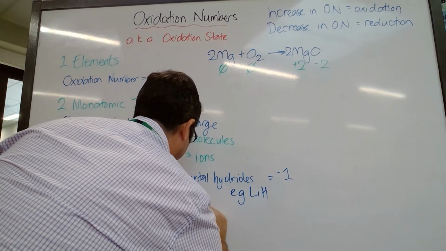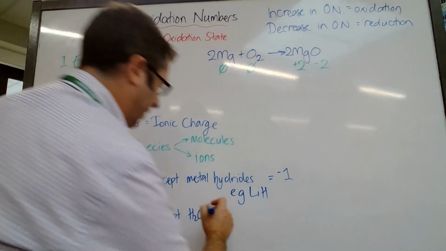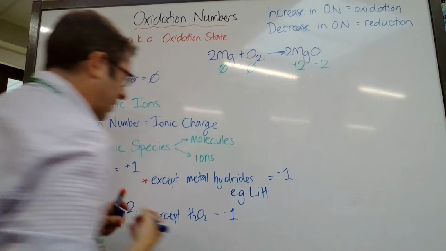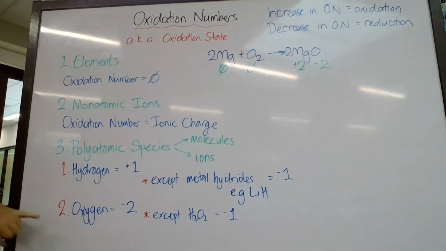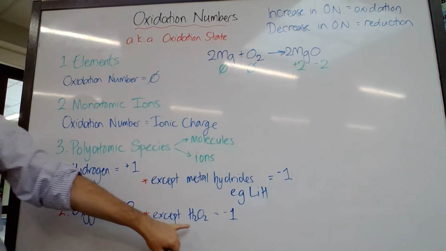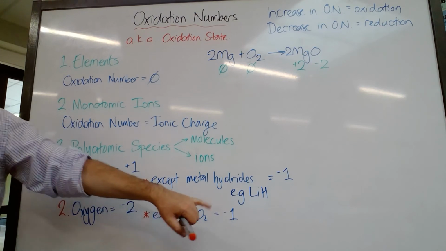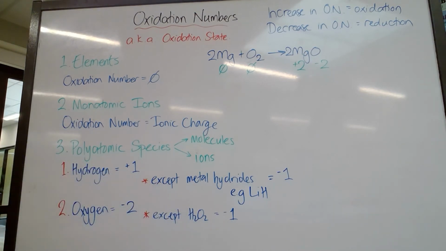And I'll talk to you quickly about why this is an easy one to know. The reason is that rule number 1 trumps rule number 2. So if hydrogen's +1 in H2O2, then oxygen has to be -1.